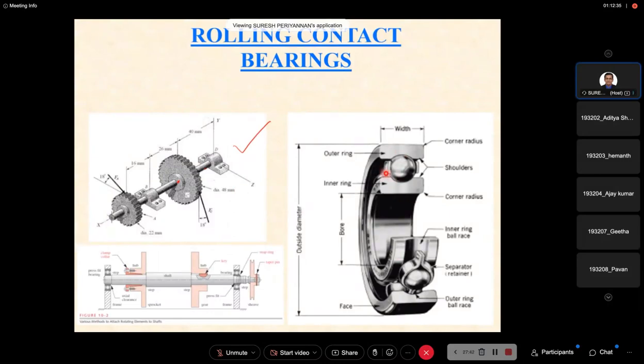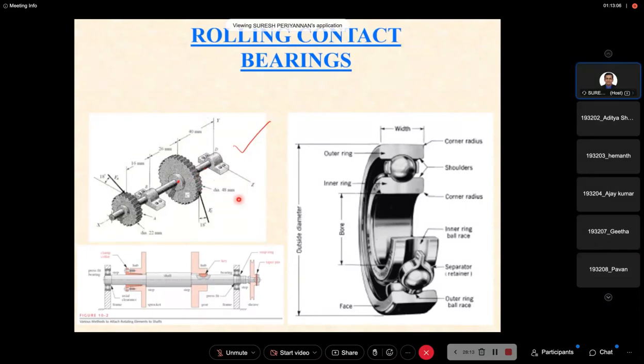The bearing withstands the load which acts on the support. It may be a vertical load or a tangential load, right? The load may be perpendicular to the axis of the shaft, or tangential to the shaft. The bearing permits rotation as well as providing a rigid support, and holds the shaft securely.